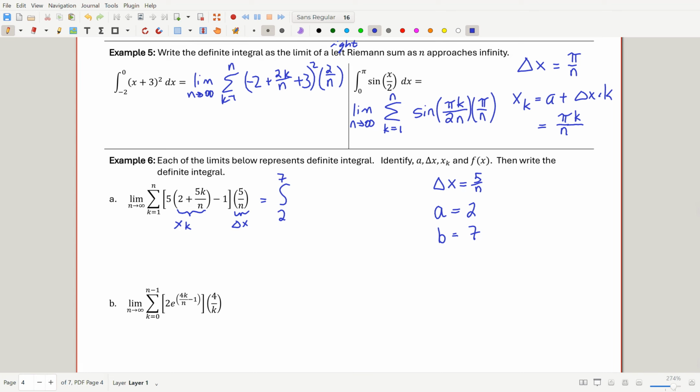xk becomes x. So I have 5x minus 1. And then dx. Delta x becomes dx. You have to know which axis the rectangle bases are on, and that's what the dx is telling us. Delta is the Greek letter, capital D, and we use a D for dx.